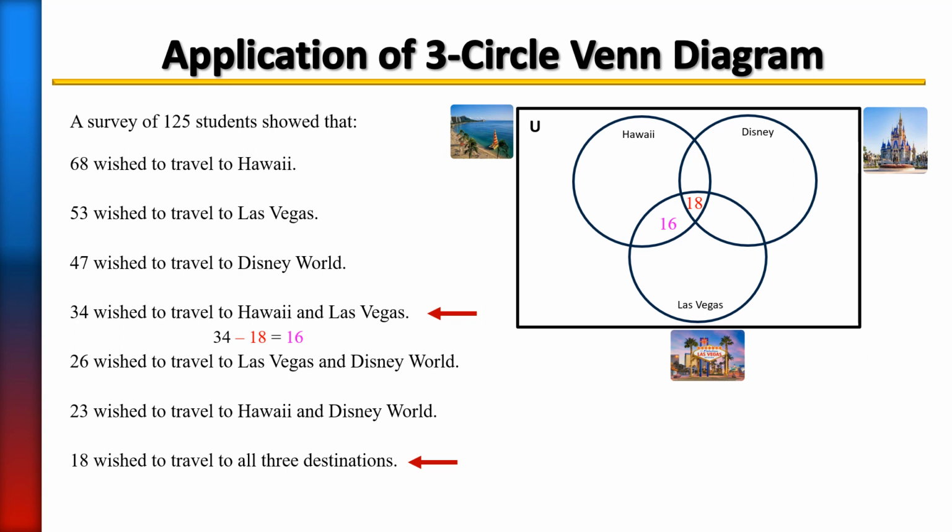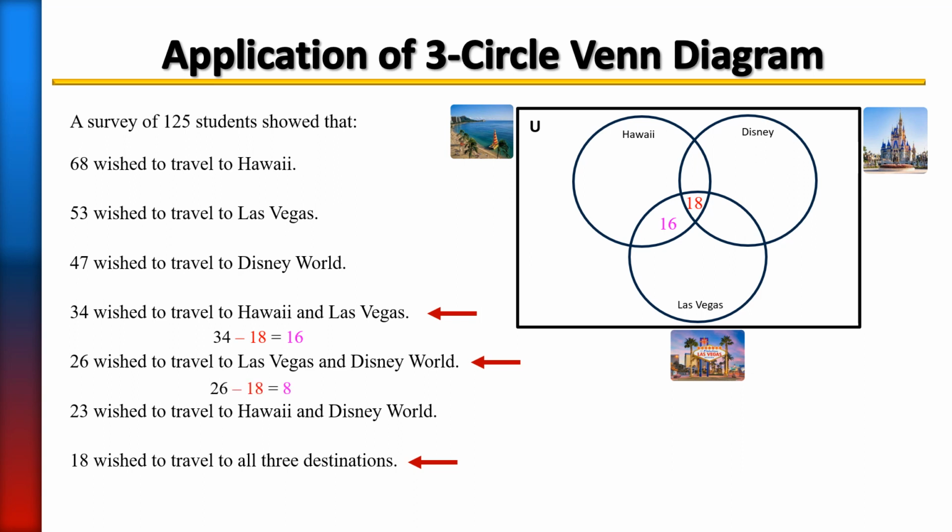Now let's move on to the next two-circle region, and that is Las Vegas and Disney. Now 26 wish to travel there. So for the two-circle overlap of Las Vegas and Disney, we're going to subtract 18 that are already there. So that's 26 minus 18.